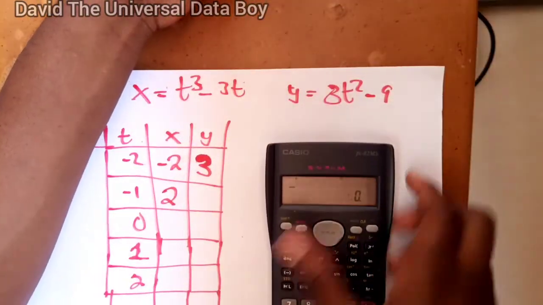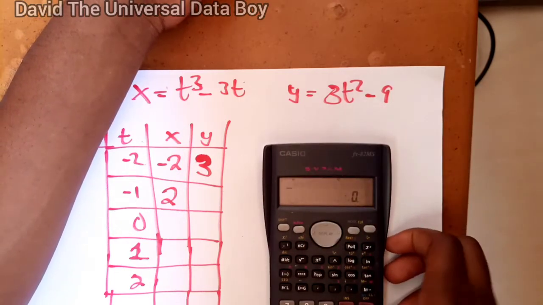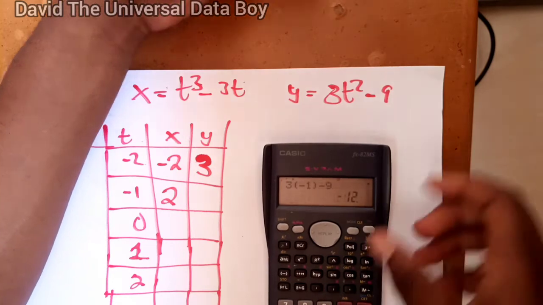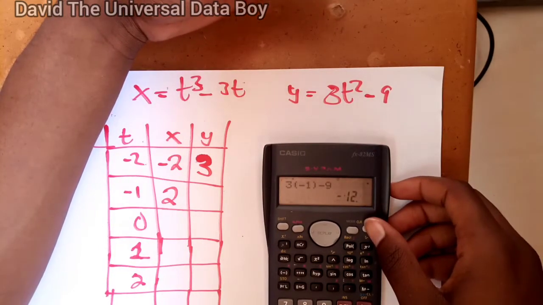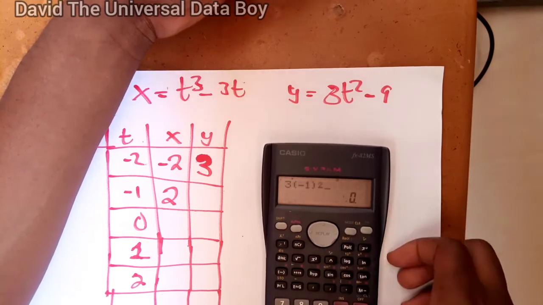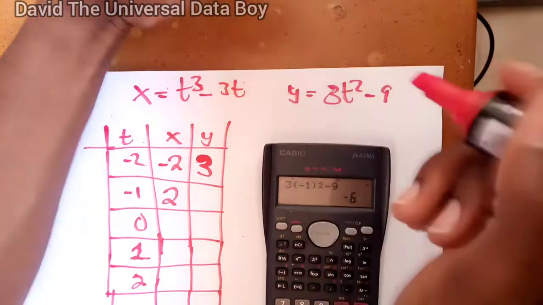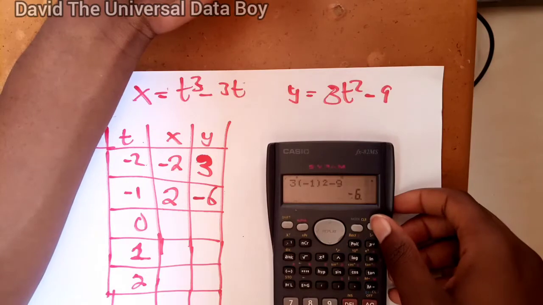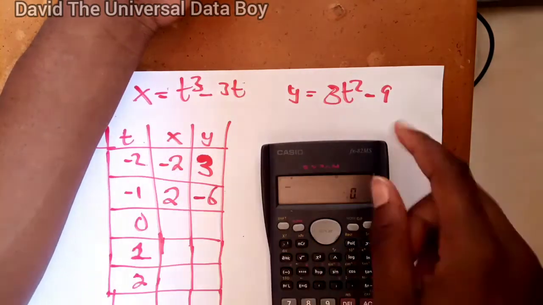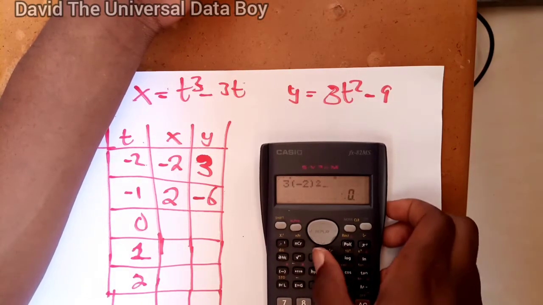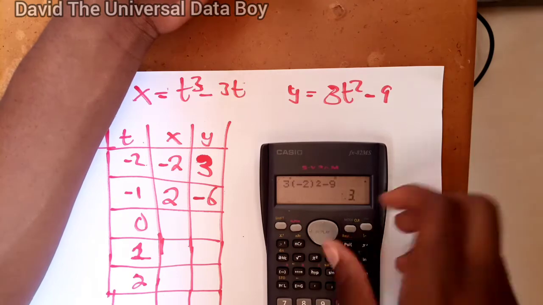Then our y coordinate will be given by 3 times negative 1 to the power 2, minus 9. It's going to give us negative 6. Even here, did we put the negative 2? Let's try again. For the first one, 3 times negative 2 to the power 2 minus 9, our answer is 3. Alright.